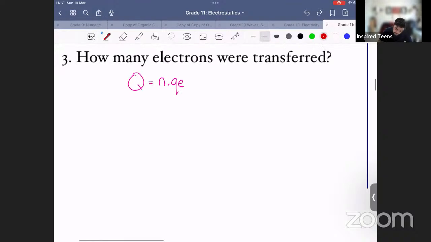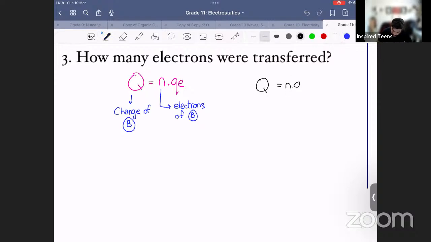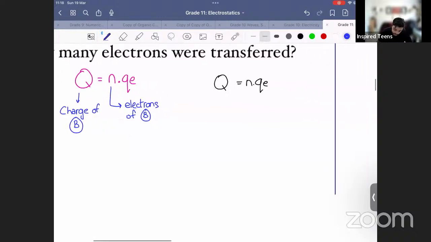So what I'm trying to say is, if the Q that you are using is the charge of, let's just say, a charge called B, then the number of electrons that you are going to get is electrons of B. Let's just say you want to calculate the number of electrons transferred.